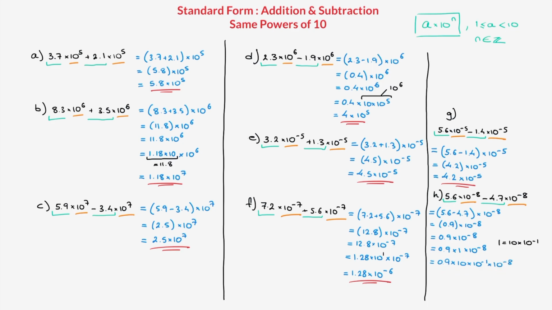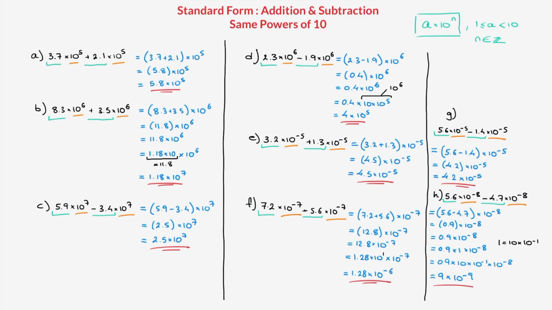And thanks to this, we can now state that this equals 0.9 times 10, which is just equal to 9, times 10 to the power of negative 1 times 10 to the power of negative 8. And 10 to the power of negative 1 times 10 to the power of negative 8 is equal to 10 to the power of negative 1 plus negative 8. In other words, that's equal to 10 to the power of negative 9.